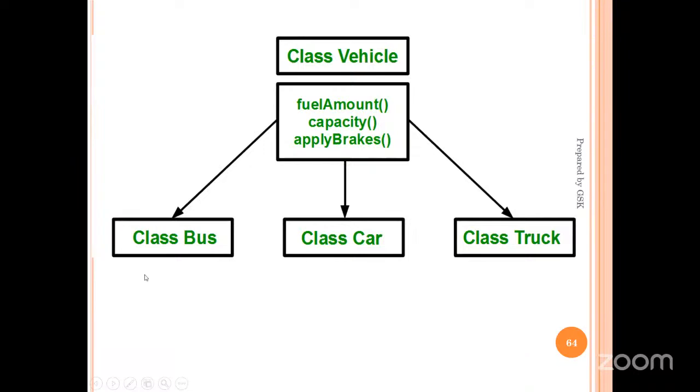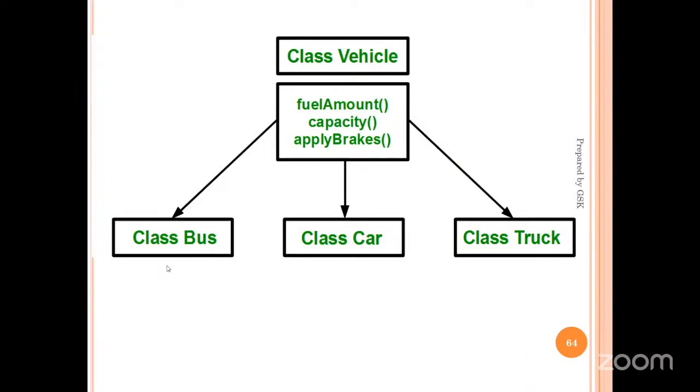Suppose you observe clearly, this is an important point. We have three classes, where these three are called derived classes. Observe the arrow marks. Arrow marks mean this class is a derived class of the vehicle class, because bus, car, truck are all vehicles only. But these are specific names for the vehicles, right?